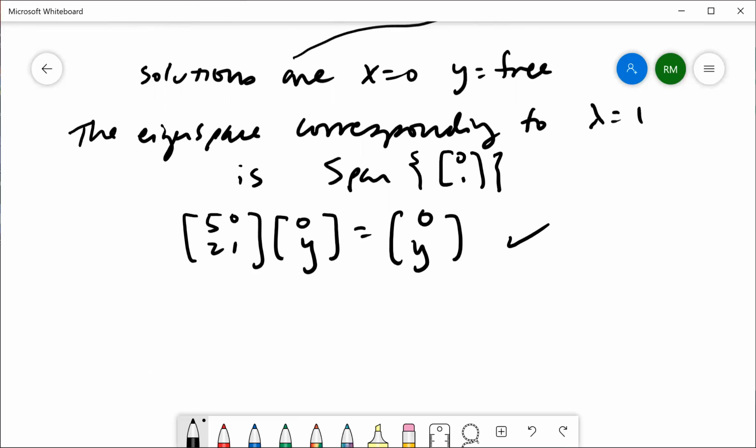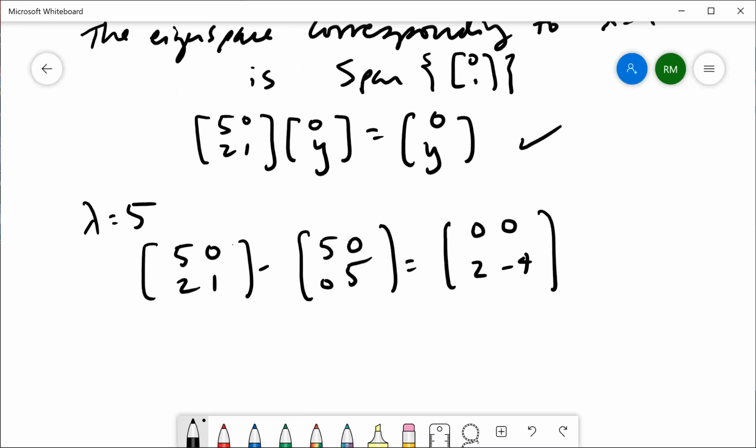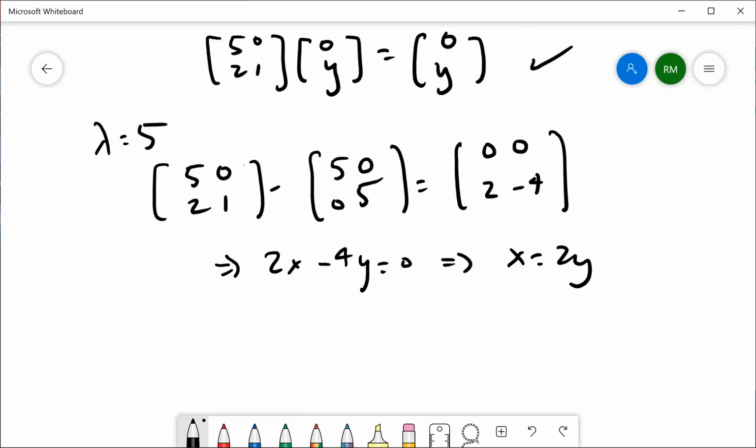Let's now do lambda equals 5. So if I look at my matrix minus 5 times the identity, I get 0, 0, 2, negative 4. So this tells me that 2x minus 4y is 0, which shows me that x equals 2y, where y is free.